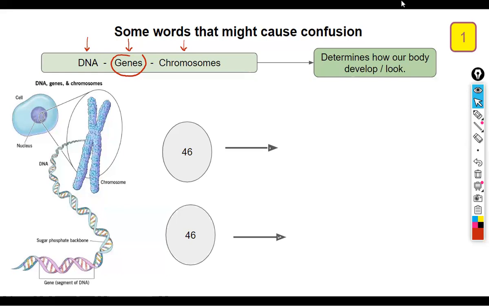But what's the connection now? Now that we have a basic idea of what genes are, let me explain where genes fall within these 3 words. We're going to start off with a cell. Now, we all know a cell has a nucleus. Inside the cell, there's something called chromosomes. Your chromosomes look something just like this. I want you to think of chromosomes as a piece of cloth.